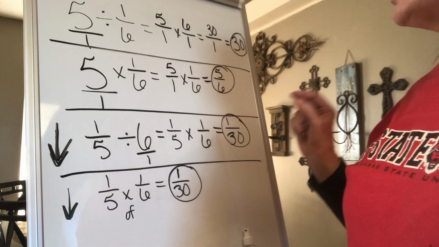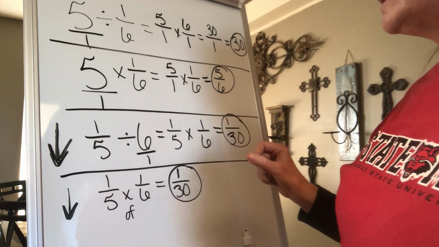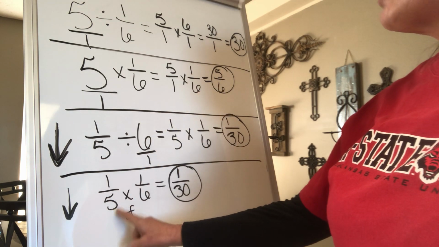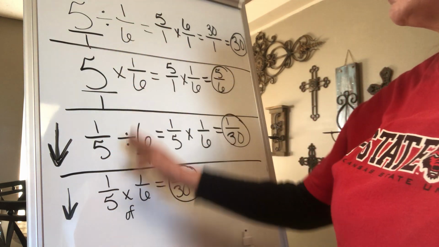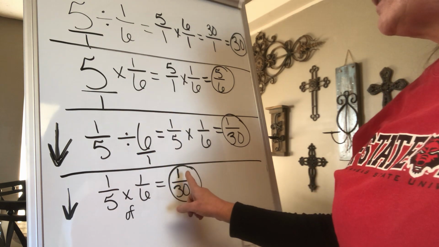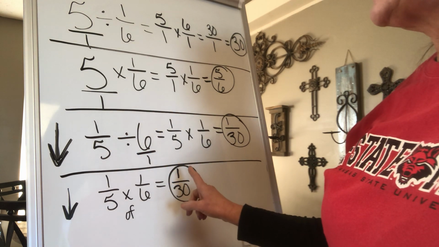Now, one thing we do have to keep in mind, make sure you always watch what is going on with the first number, because it does matter what order you divide in.